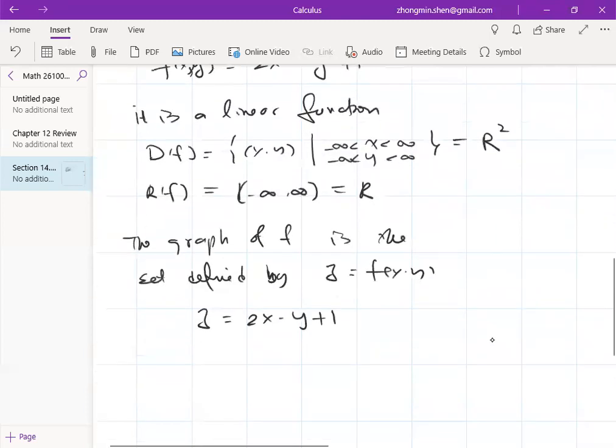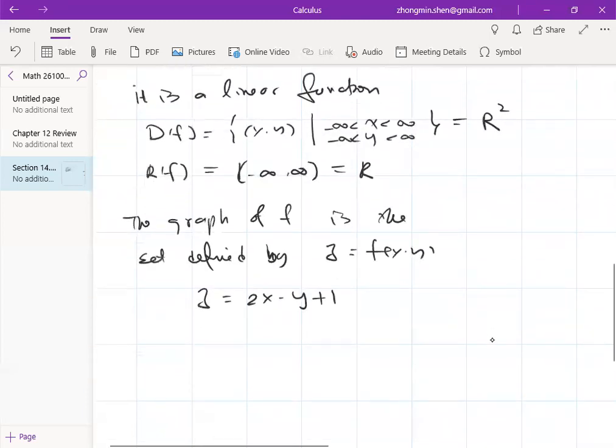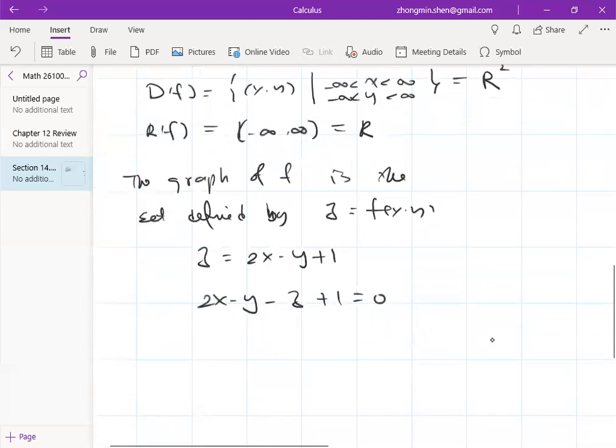Okay, but I can change the equation a little bit. This is going to be 2x minus y minus z plus 1 equals 0. Yeah, this is the equation for a plane. Okay, so the graph is going to be a plane.